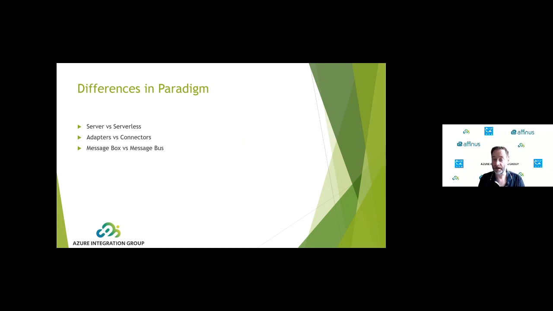It's not event driven. Message bus is slightly different, because a message bus provides a lot more out of the box. The message box provides just PubSub, while the message bus can do that as well. We get ordered delivery, things like that. Service bus gives us the concept of a message bus too. From a pattern point of view, we get a lot more with a message bus pattern than with just a message box on its own.